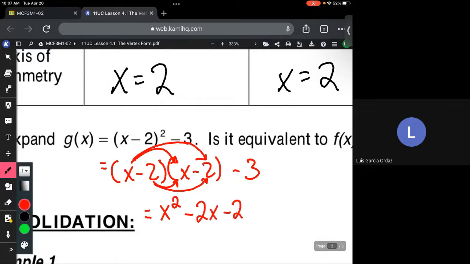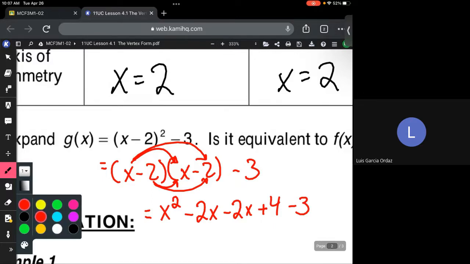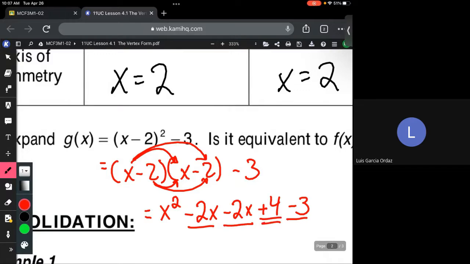And positive 4. And then minus 3. So now we have to collect like terms. So my like terms are negative 2x and negative 2x, and positive 4 and minus 3. So x squared stays the same. What's negative 2x minus 2x? Negative 4x. And what's positive 4 minus 3?